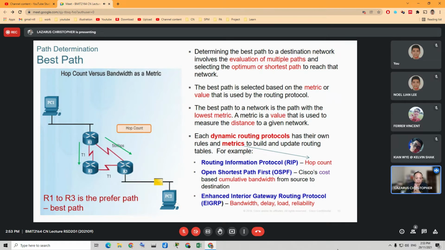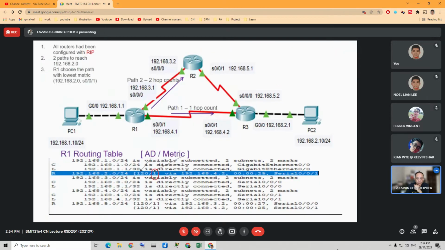Right. So R1 to R3, if hop count, is considered the best path by R1, because the metric is hop count. All right. So from now until several slides, we are looking at the decision making in terms of best path.